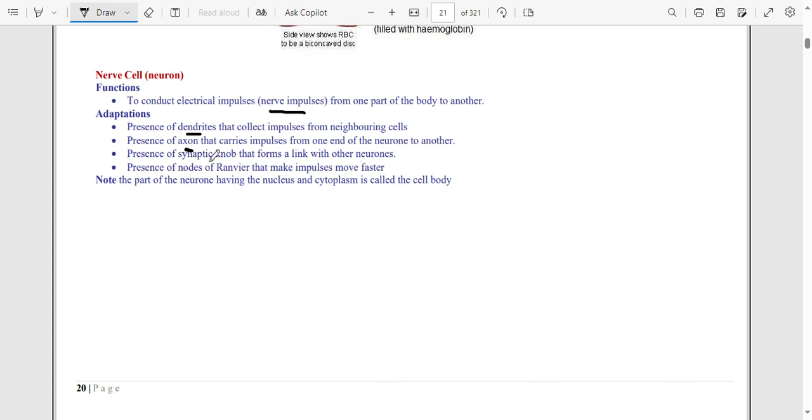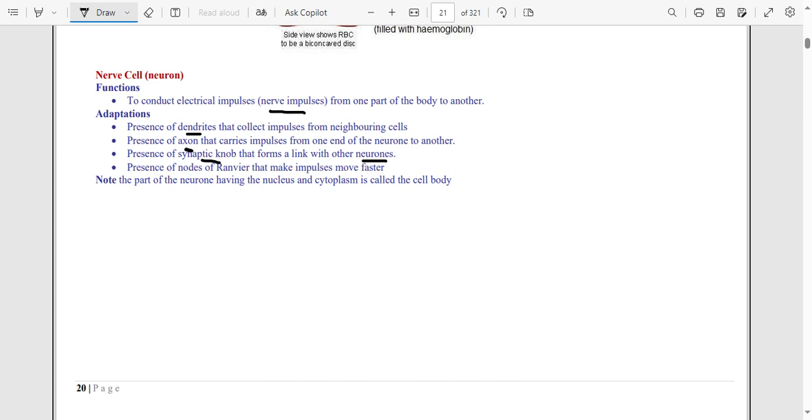Okay. And then they also have a synaptic knob at the end. That synaptic knob forms a link with other neurons. So it will be able to connect one nerve to another nerve so that when information is spreading, it can move from one nerve to the next, to the next, to the next, until it goes to the target. If it is to feel pain, you will be able to feel that pain.